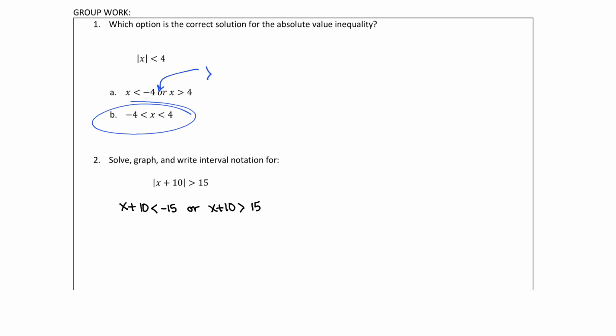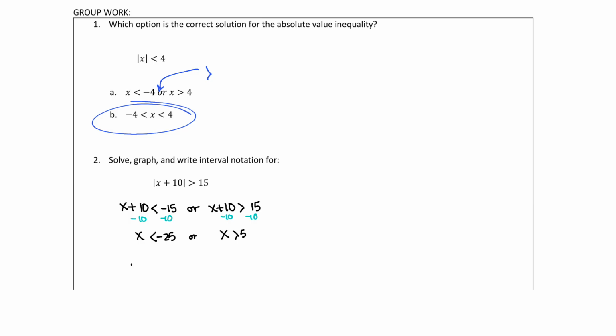Solve both parts. So minus 10. I'm going to do all of them because I have to change colors. So x is now less than negative 25, or x is now greater than 5.